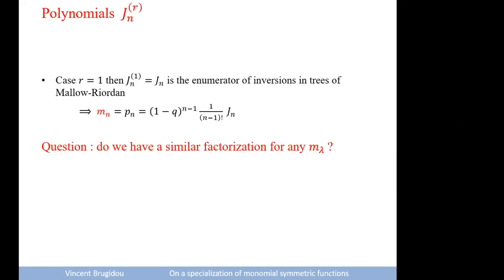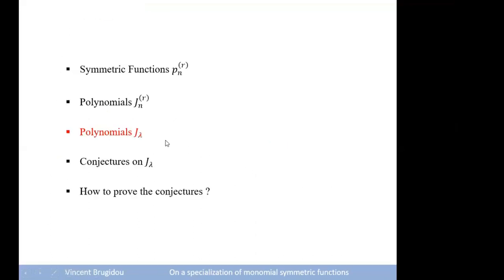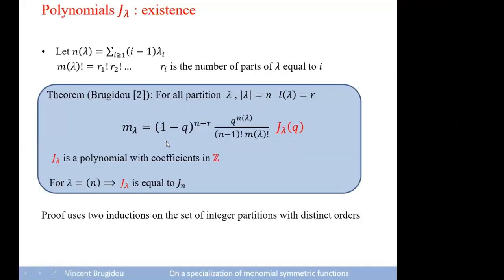For r equal to 1, we get this factorization for Mn. A natural question is, do we have a similar factorization for any m lambda? The answer is yes, and the factorization is given here.